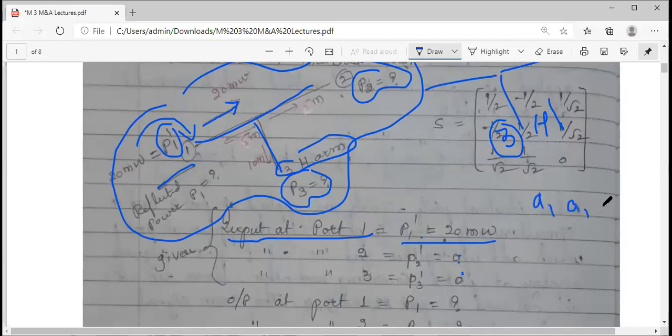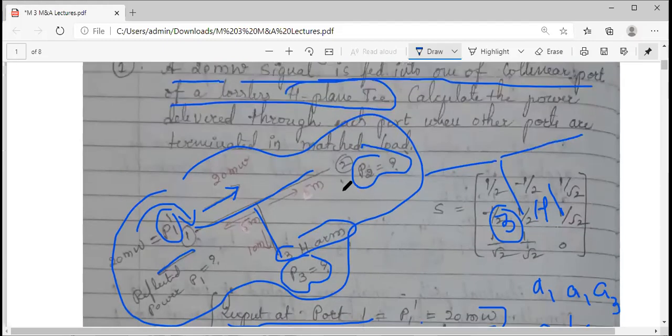You have incident waves A1, A2, A3. You are applying only A1, that is A1 is not equal to 0. The remaining A2 and A3, you are taking as 0. Indirectly, these two are given to you: they are perfectly matched, or terminated in matched loads.